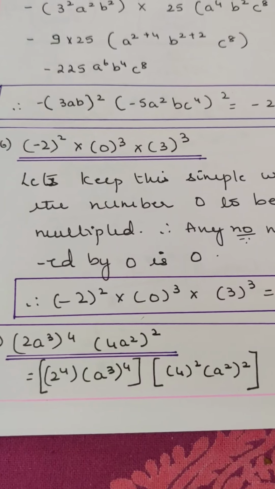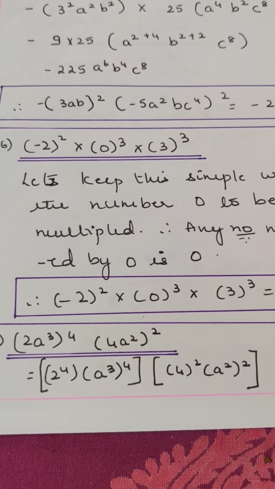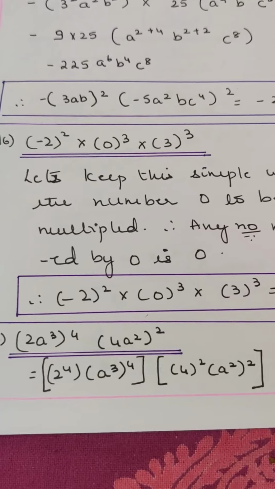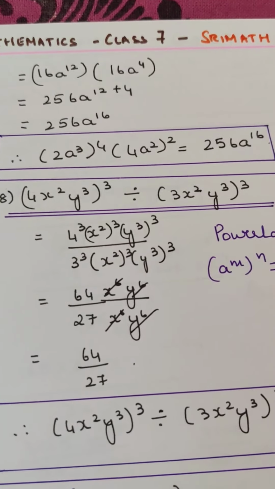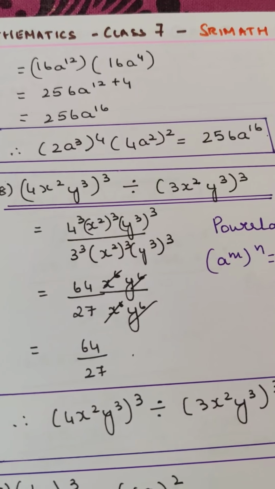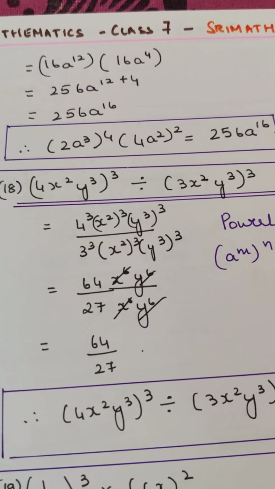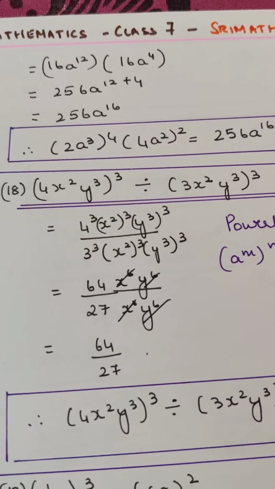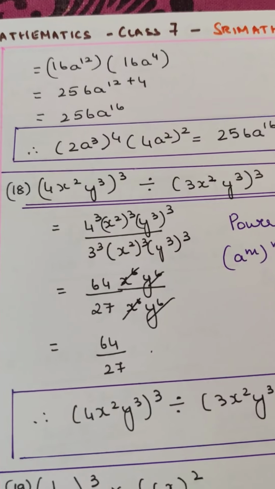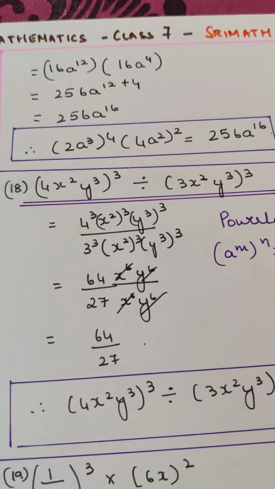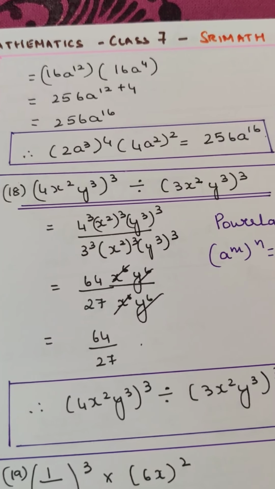Power law is a to the power of m whole power n is equal to a to the power of mn. Therefore, you get it as 16 a to the power of 12 into 16 a to the power of 4. So 16 into 16 is nothing but 256 into a to the power of 12 plus 4. You are using the product law. Therefore, the final answer will become 256 a to the power of 16.